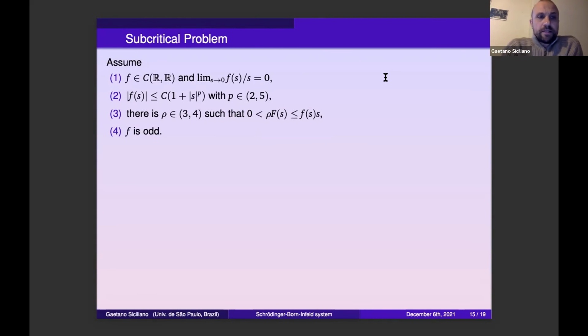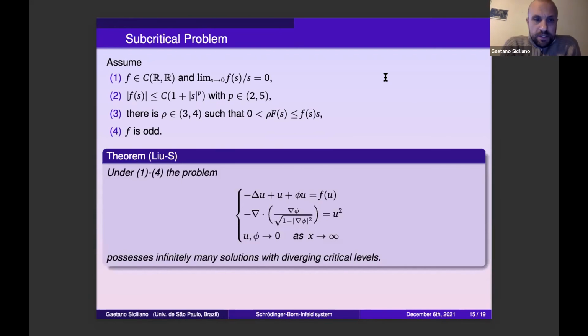Also, in the case in which we have some symmetry, we can obtain infinitely many solutions for this equation. So now I'm adding the assumption that F is an odd nonlinearity, and the result is that there are infinitely many solutions with diverging critical levels.